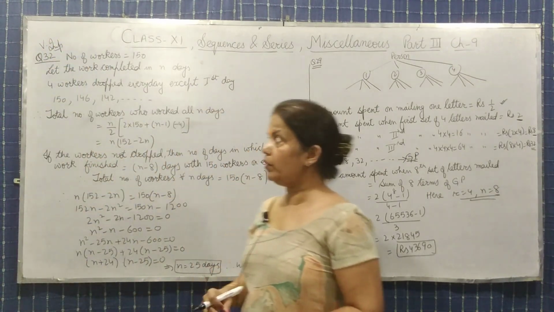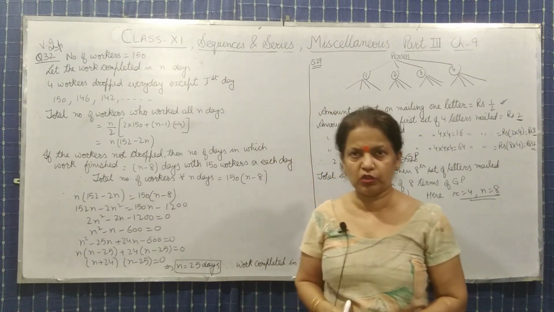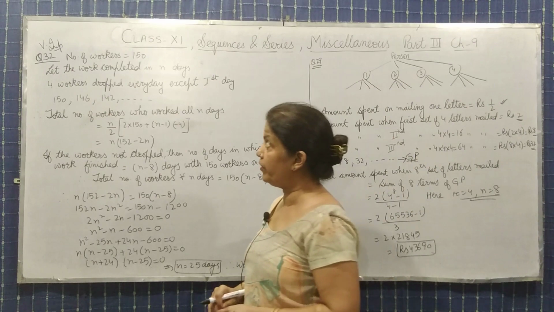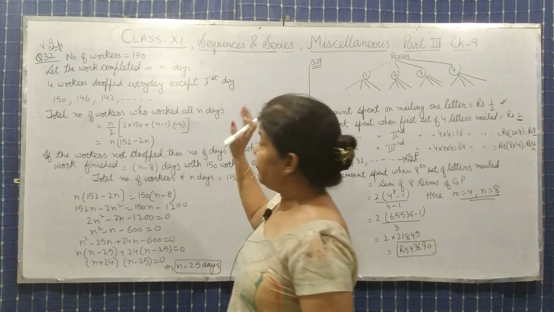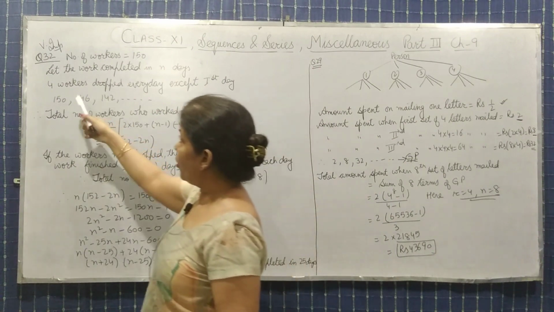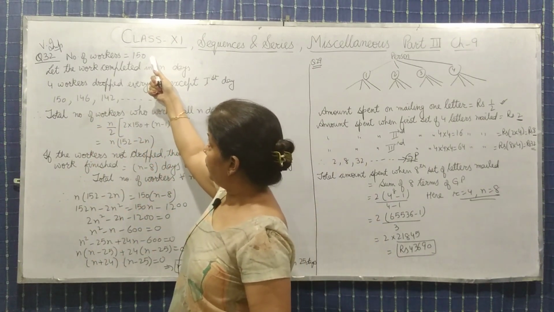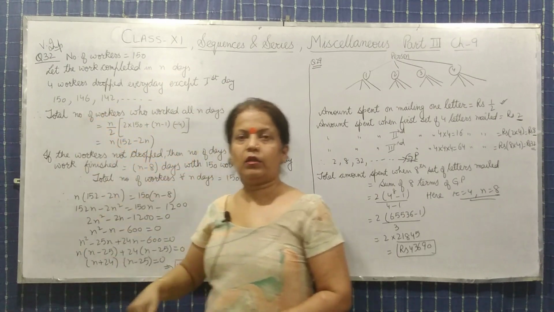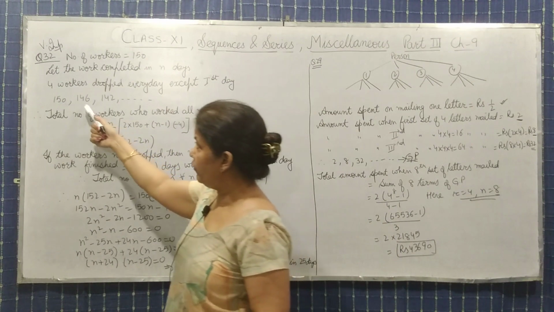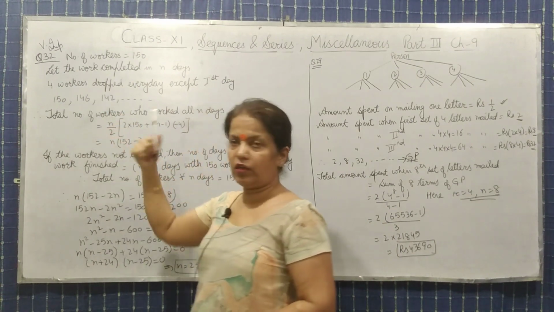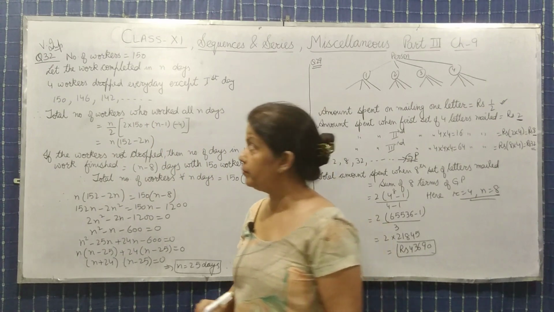It is given the number of workers to complete a job is 150, and after first day 4 workers dropped every day. Means first day workers 150, then on second day 4 workers dropped, so it will be 146, then again 4 workers dropped, then it will be 142, and so on.